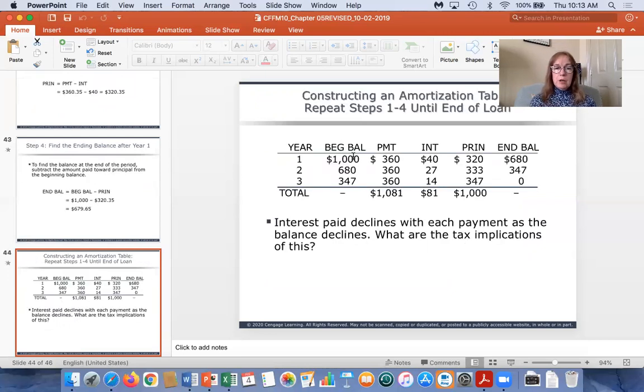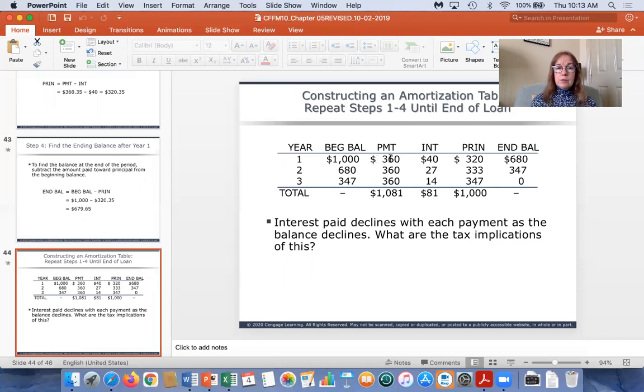Okay, so let me skip to this, because this shows you all the math in those prior slides. If we have our beginning balance, this is the amortization table. Our beginning balance is $1,000. We know we're going to make 3 equal payments now of $360. In order to calculate the interest, you take the beginning balance times the interest rate. So $1,000 times 4% is $40.